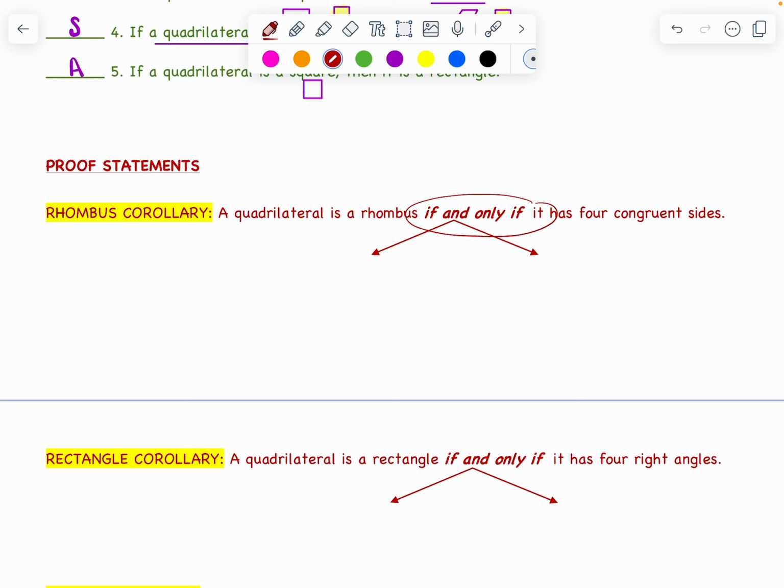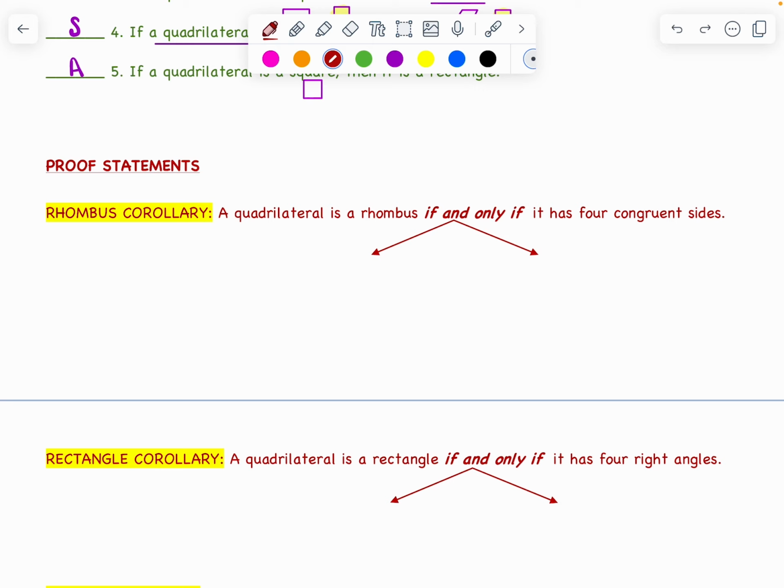This corollary is written as a quadrilateral is a rhombus if and only if it has four congruent sides. And if you remember, if and only if is a biconditional, and a biconditional statement is true forwards and backwards, which means it is totally up to you in a proof to figure out, do I want to use this statement forwards or backwards?